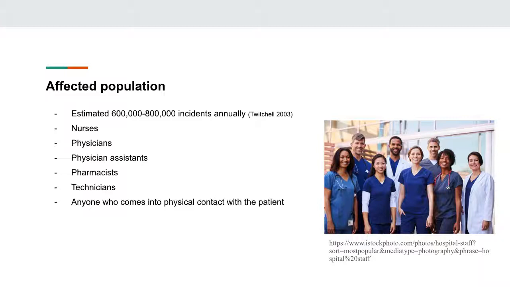According to the last set of statistics that I saw, we have 600,000 to 800,000 incidents of exposure to blood that are estimated among healthcare workers annually. That group includes anybody who comes into contact with the patients, such as physicians, nurses, technicians, and pharmacists. Really, anybody who gets exposed to any bodily fluids from the patients.